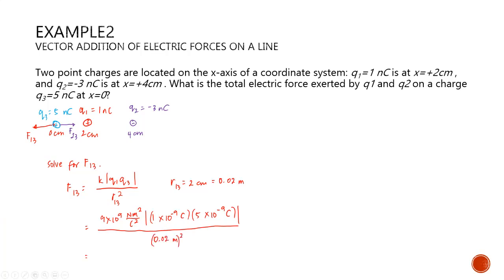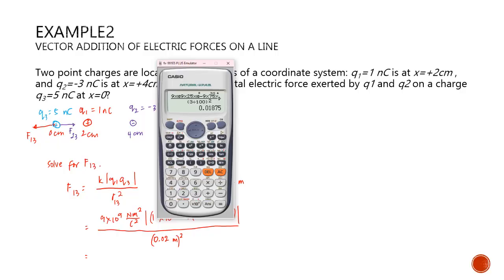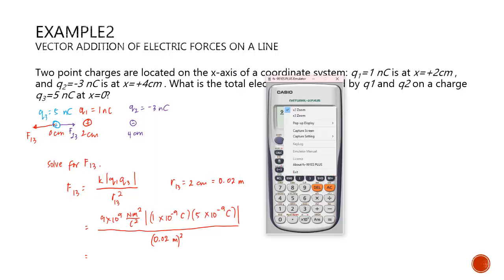So the force that 1 is acting on 3 is: 1 instead of 25, then 5 instead of 75, then we have 2 over 100, or let's just put 0.02.